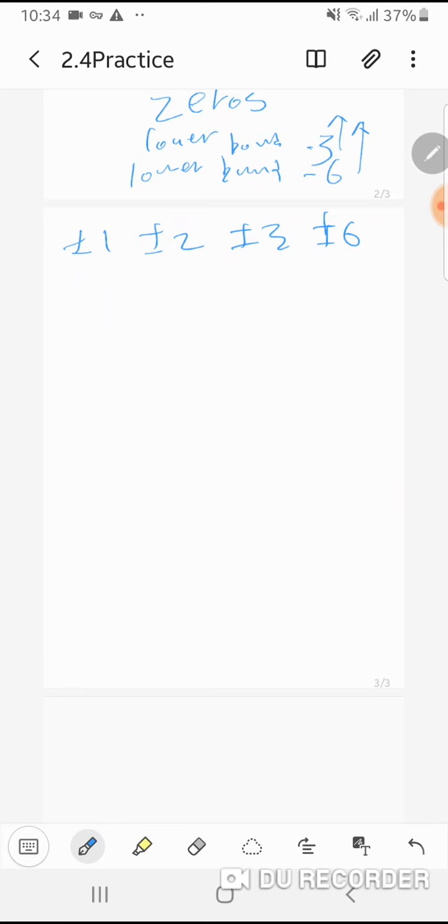So let's start from 6. Okay, so what was our function? It was x to the 4th power plus x to the 3rd power minus 7x squared minus x plus 6.